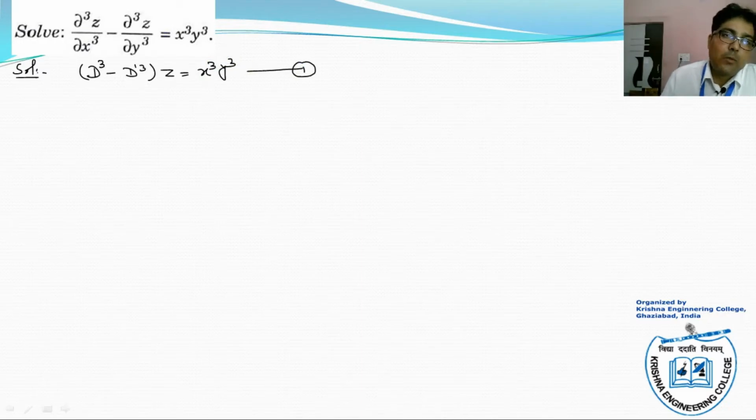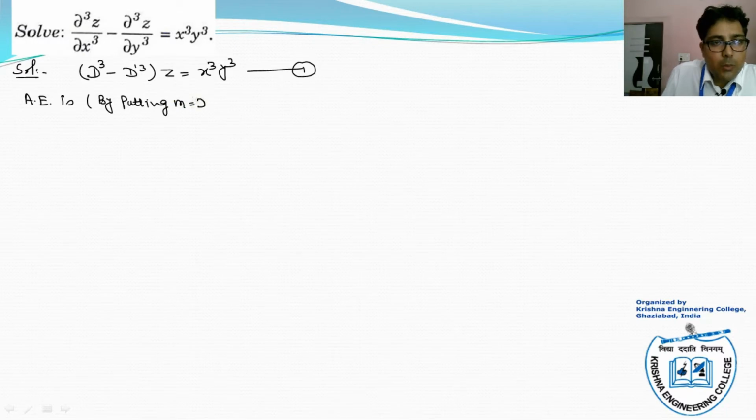Now find the solution. It comes from LHS, and for this first of all we find the auxiliary equation. So the auxiliary equation is found by putting D is equal to m and D dash is equal to 1 in f of D, D dash is equal to 0.